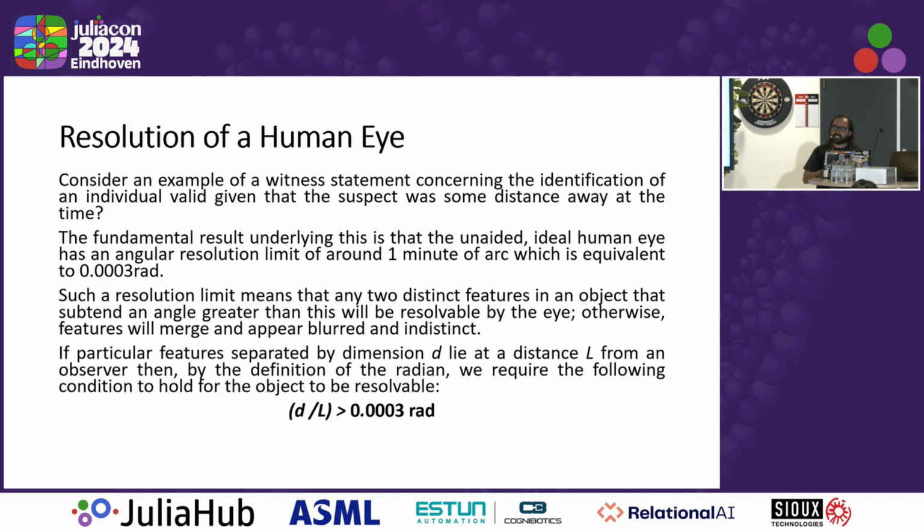Otherwise, features will merge and appear blurred and indistinct. So, if particular features separated by the dimension d lie at the distance L from the observer, then by the definition of radian, we can require the following condition to hold for the object to be resolvable: d by L should be greater than 0.0003 radians.